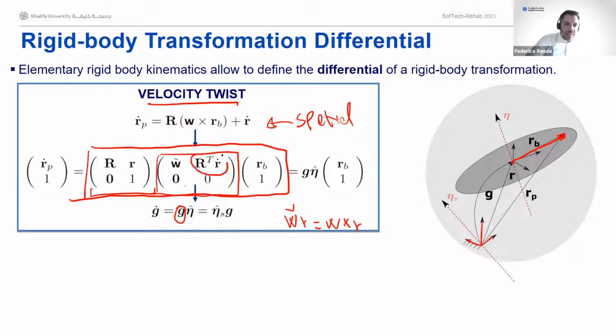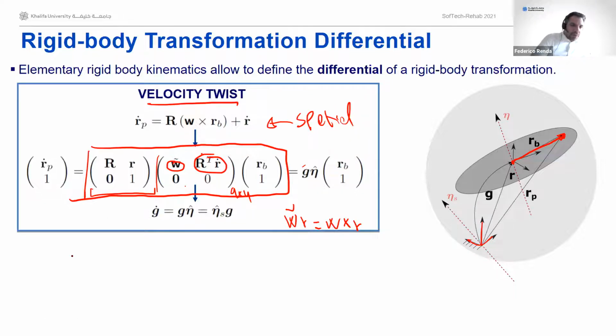And this is the velocity of your origin in the local frame, so pre-multiplied by R transpose. So giving a name to all of these matrices, we have G multiplied by eta hat, where hat takes the 3 by 3 omega and the velocity and constructs this 4 by 4 matrix, multiplied by your original position RB.